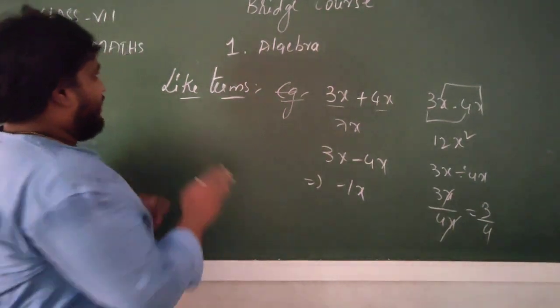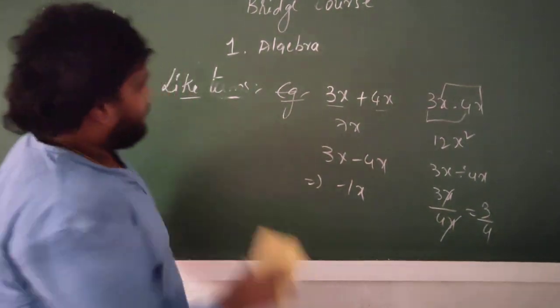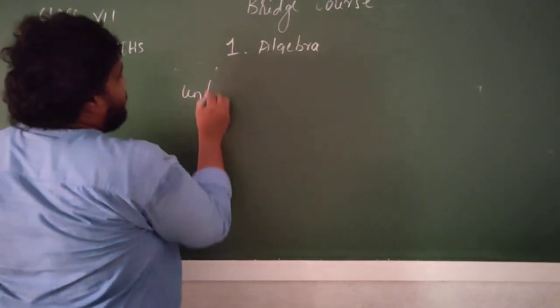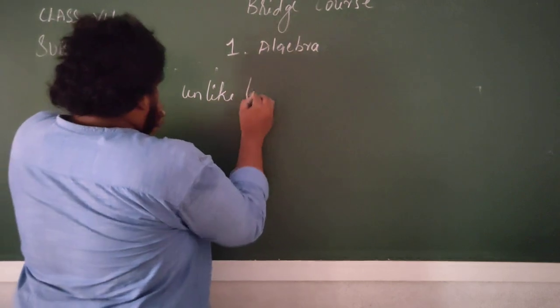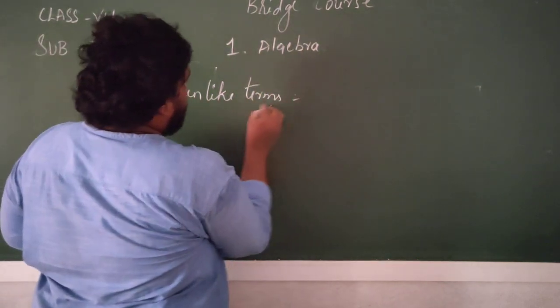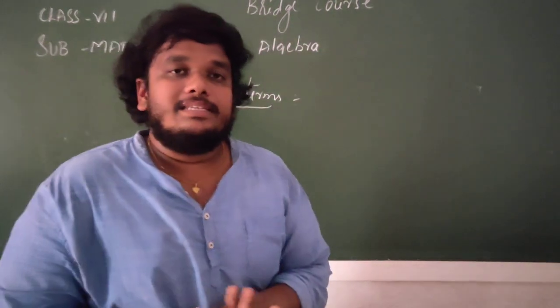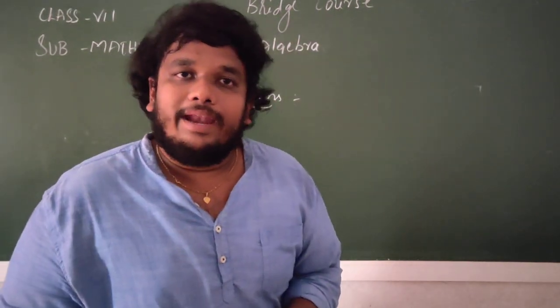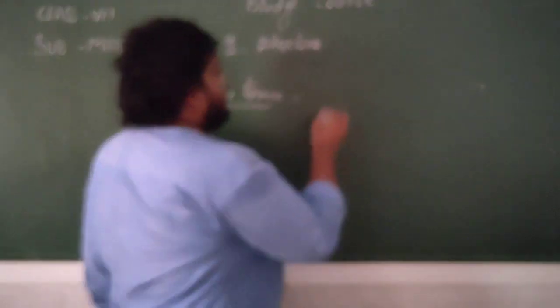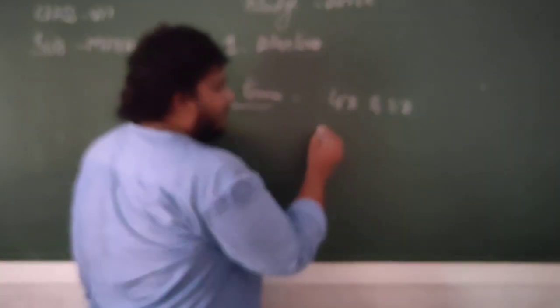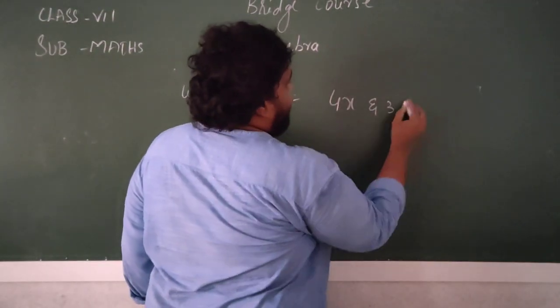But coming to unlike terms, unlike terms cannot be subtracted, cannot be added. For an example, 4x and 3y.